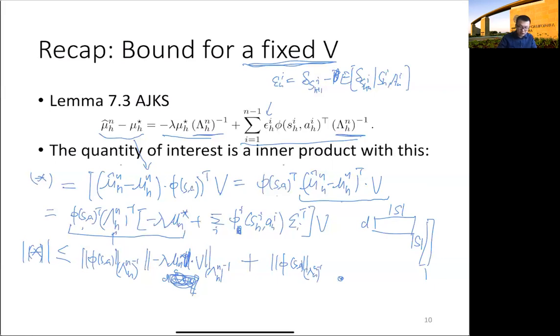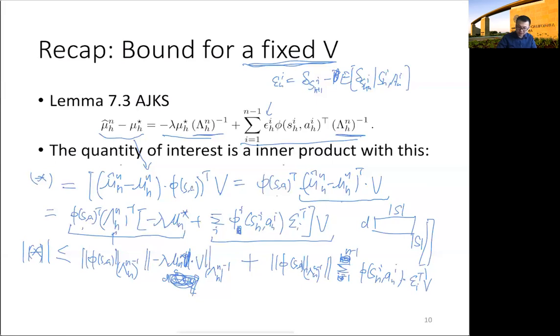And for the remainder, it becomes the sum of i from 1 to h_n minus 1 of phi of s_hi a_hi epsilon_i transpose of v.